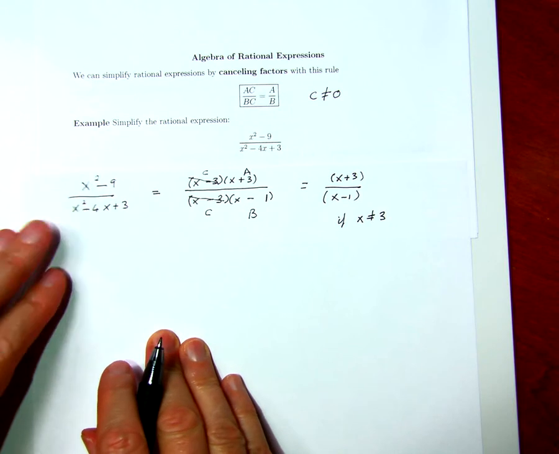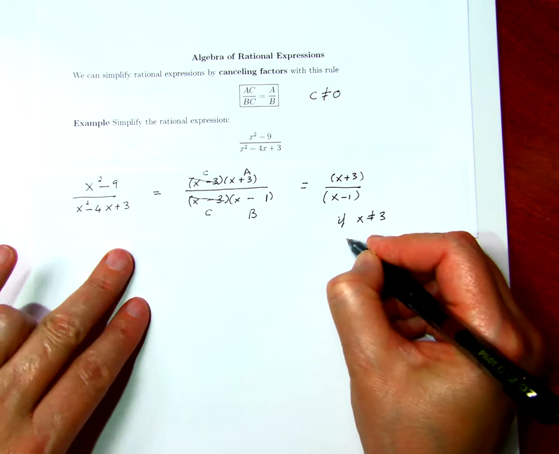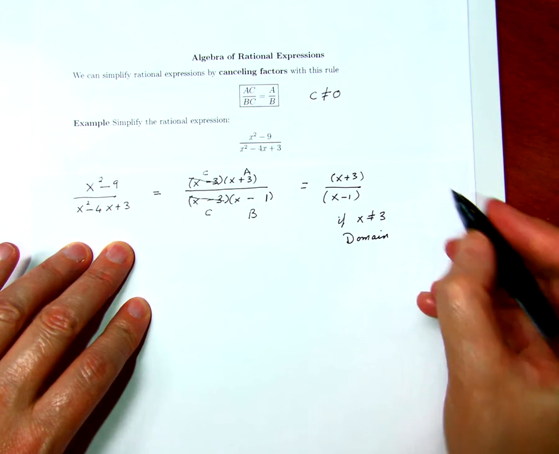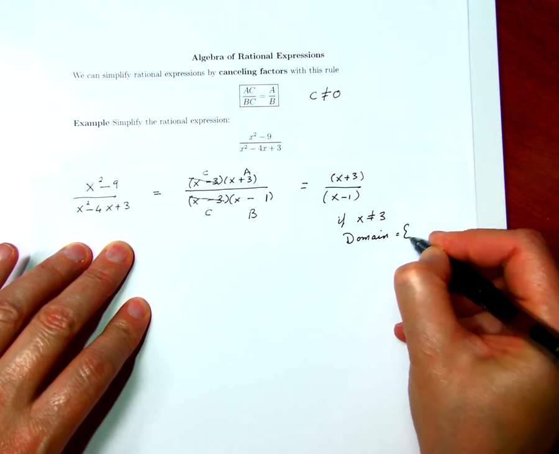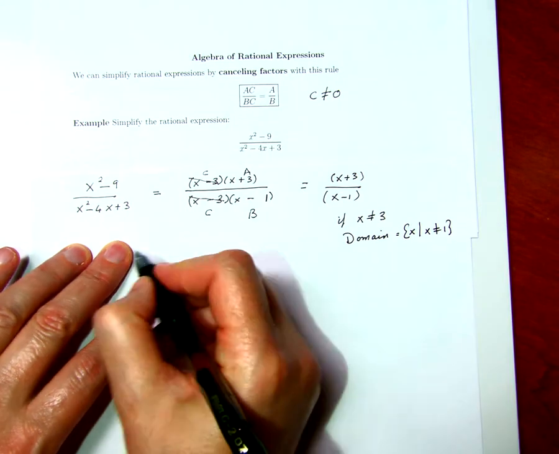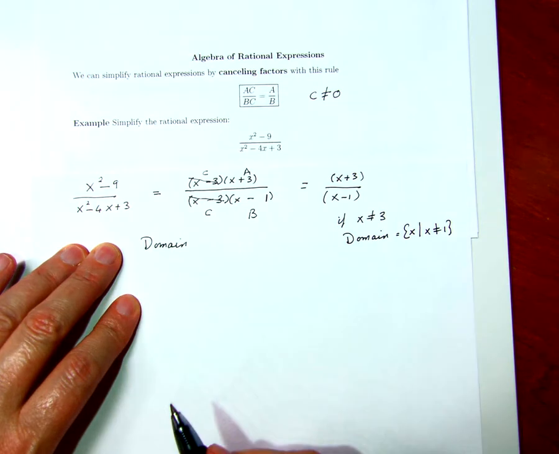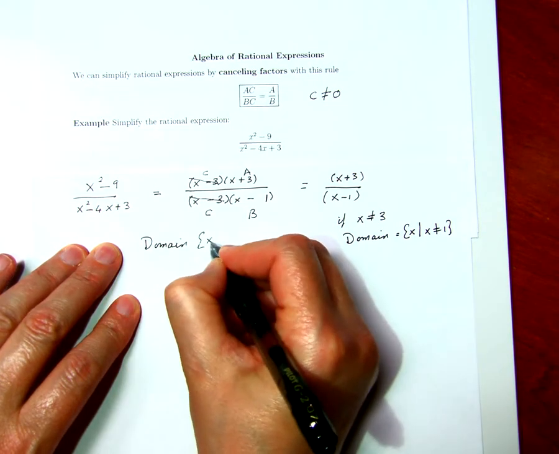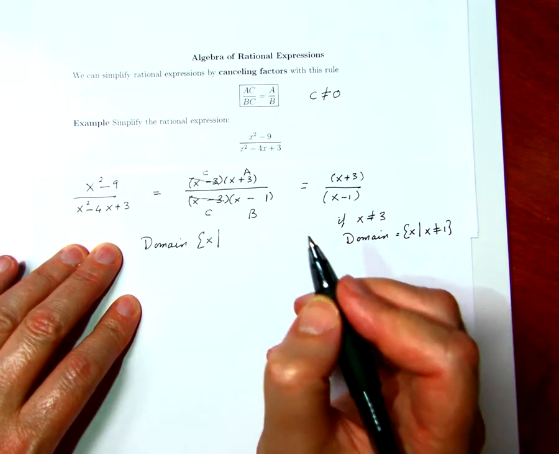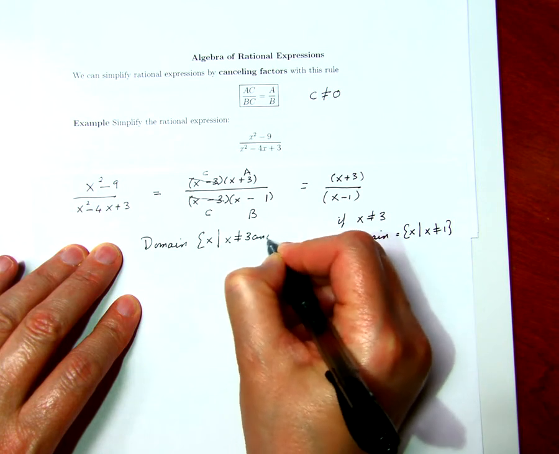And you'll see the difference here when x is 3. When x is 3, this is defined. So the domain of the expression on the right here is all x except for x equals 1. And the domain of the expression on the left is all x except x equals 1 and x equals 3.